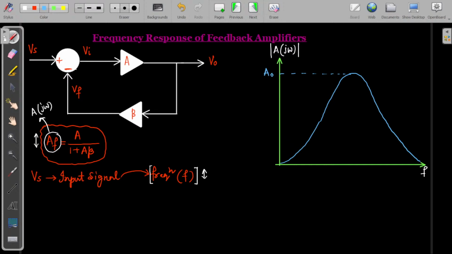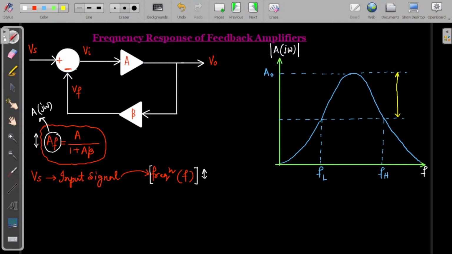And in the class we have already discussed the lower cutoff frequency, and this is the higher cutoff frequency. We have discussed this in detail in the offline classes. So this is FL, FH, and this decrease in the gain, how much was it decremented?